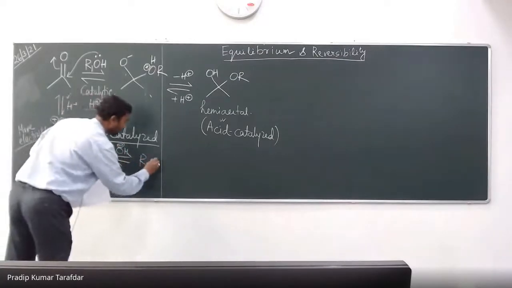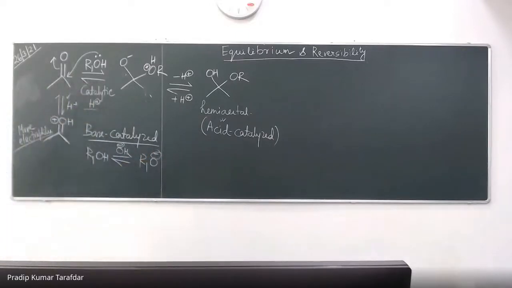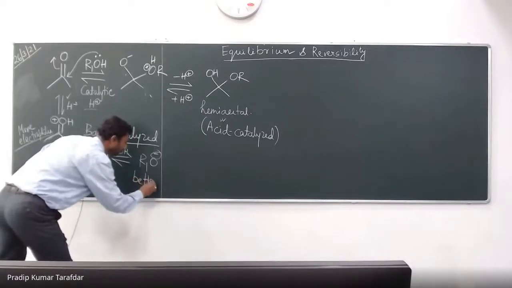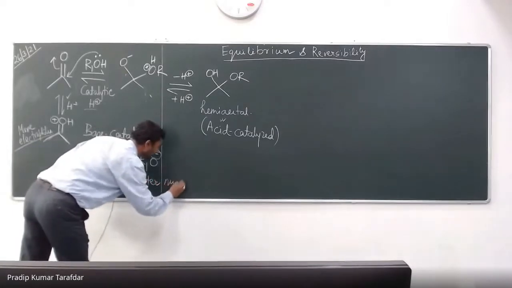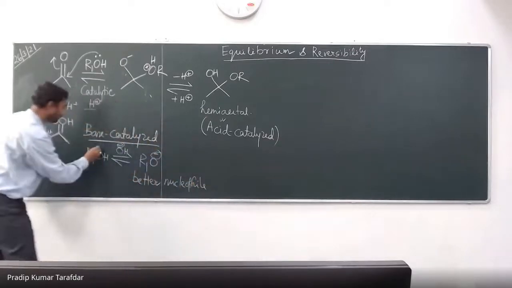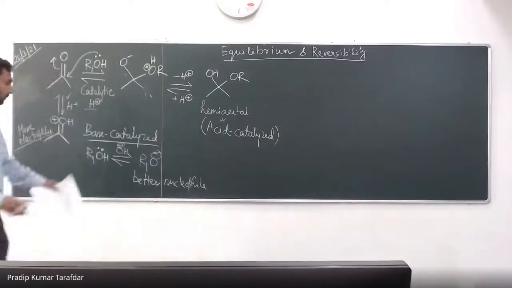You will get R1O minus. R1O minus is a better nucleophile as compared to ROH.